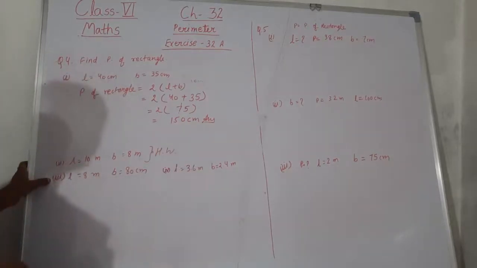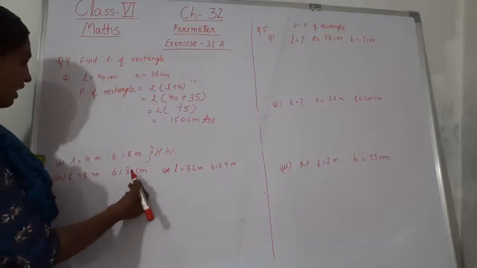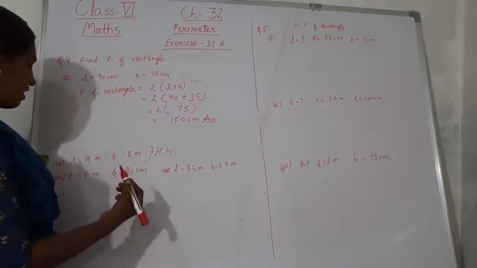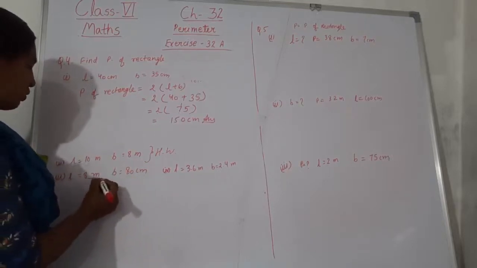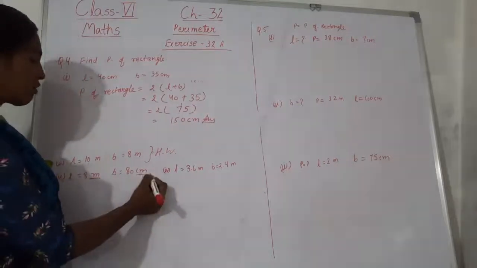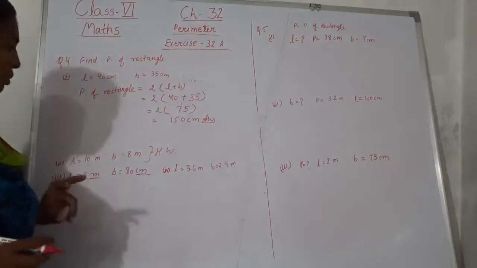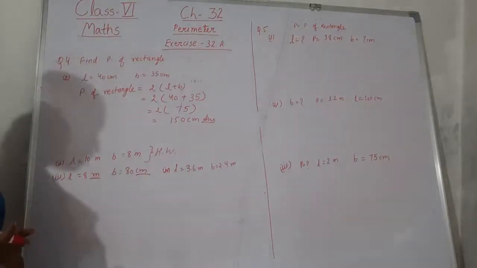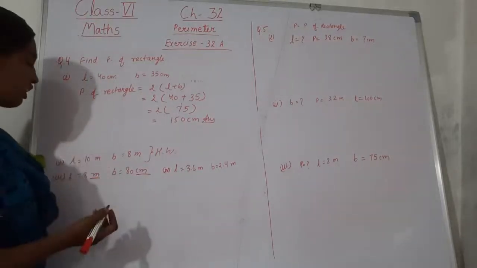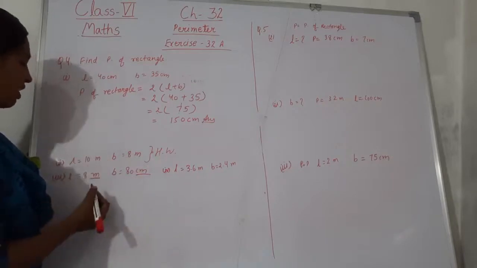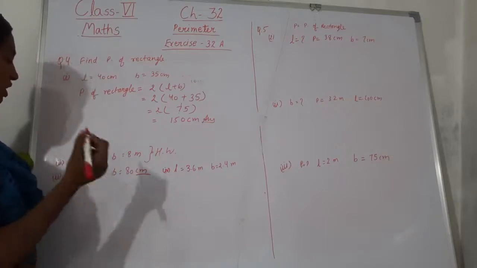Now third one, length and breadth is given, but you see the unit. This one is in meter and this one is in centimeter. Remember, whenever the units are not the same, you cannot do the addition, you cannot do the subtraction. So what we need to do first is convert either of them into the same unit.